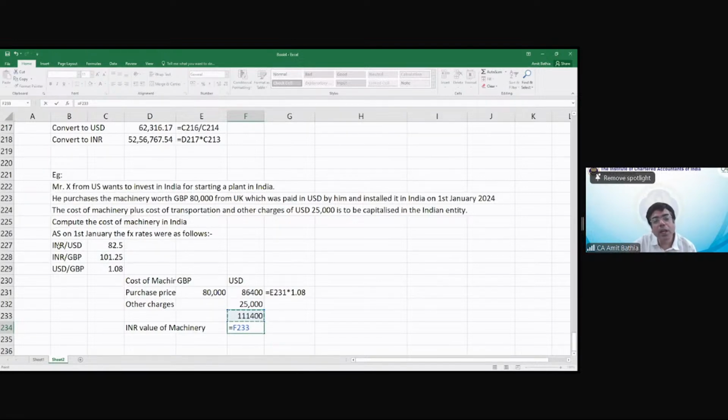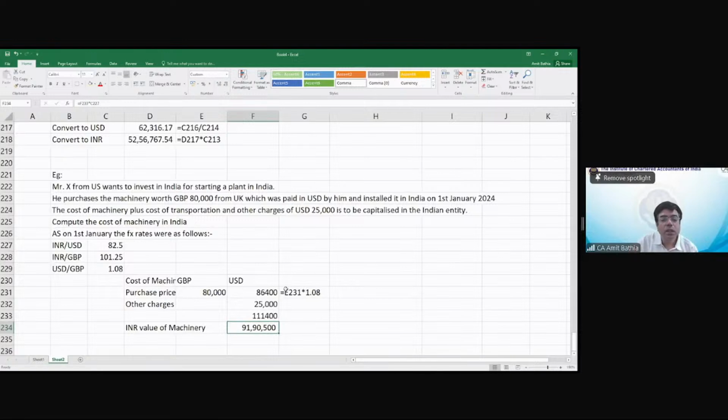From USD to INR. So it will be multiplication. Up the ladder, multiply. Down the ladder, divide. So you will multiply with 82.5. What you get is 91,90,500. This is the value which will get capitalized in the books of Indian entity.